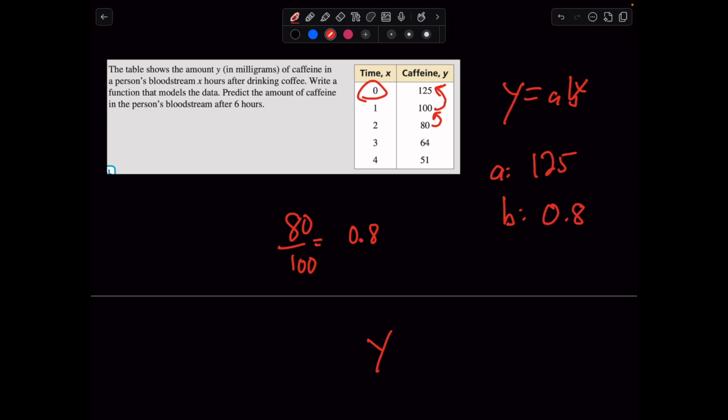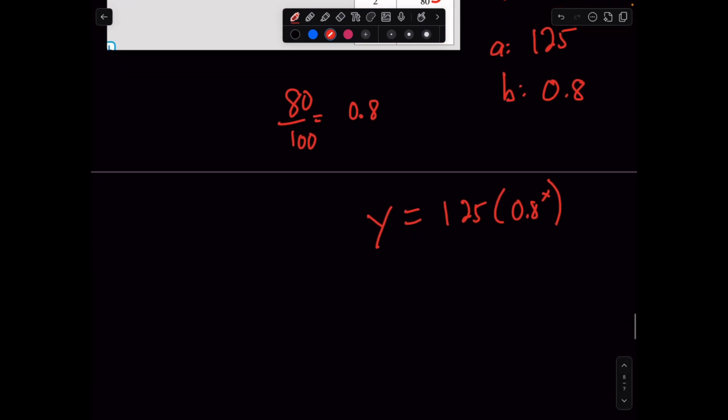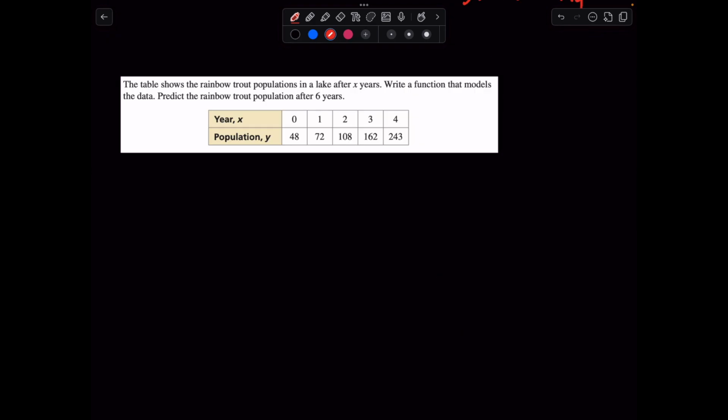So my function, y equals 125 parentheses 0.8 to the x. And now you got to plug in 6 hours, so x will be 6. So 125 times 0.8 to the 6, and that's going to give you roughly 32.768 milligrams.